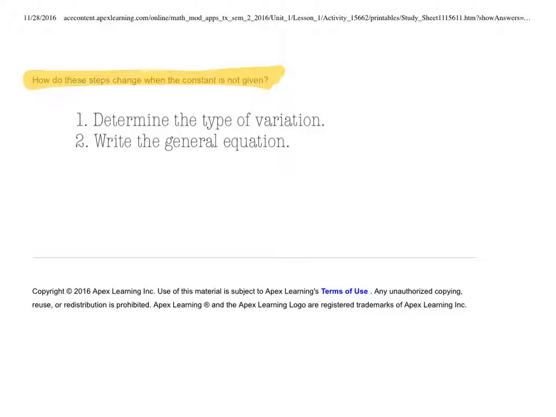Okay, step 2 says to write the general equation. And then step 3 says to determine the constant. Step 4 says to write the specific equation.